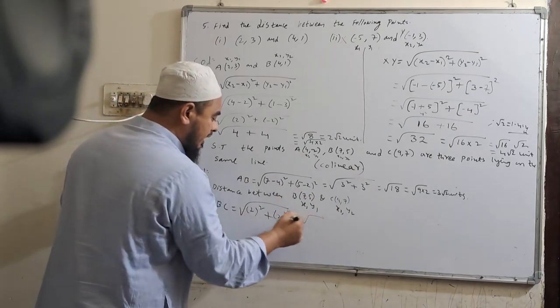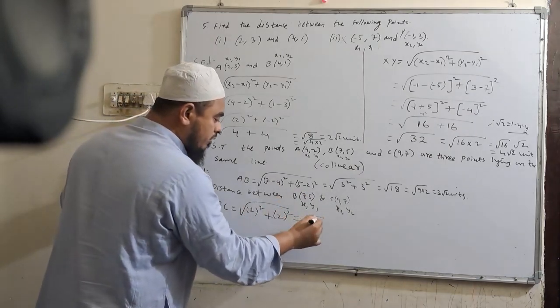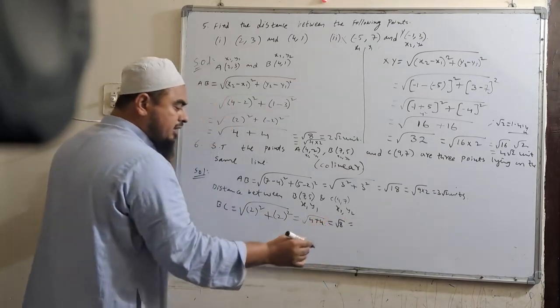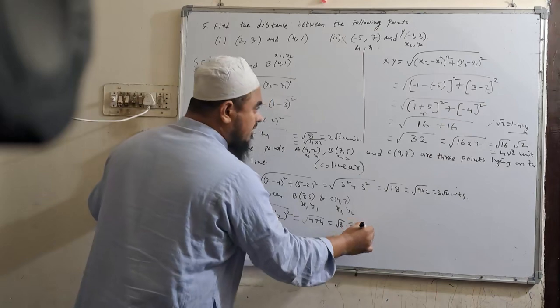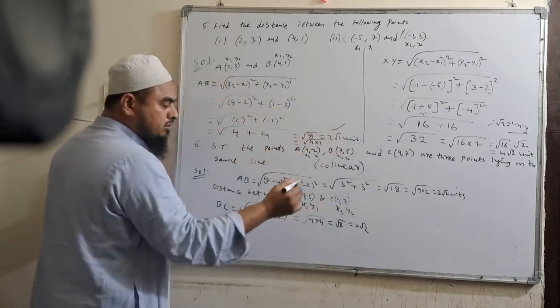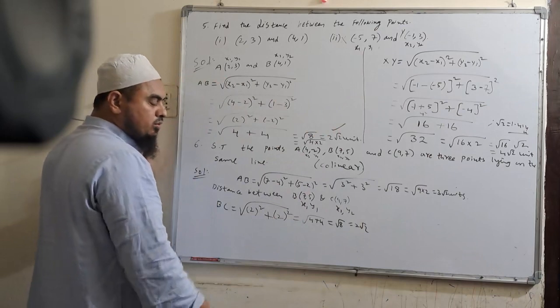So here we get 4 plus 4, which is root 8. Root 8 can be written as 2 root 2. Earlier in the problem we have seen that root 8 can be written as 2 root 2. Okay.